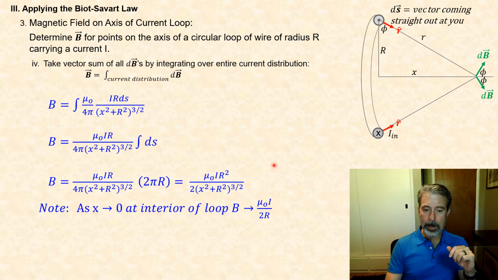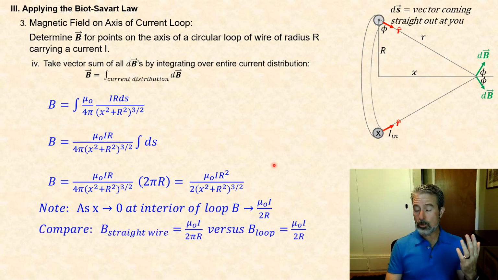Let's compare that to the magnitude of the magnetic field for the straight wire. You will notice that for the straight wire, the magnetic field at a distance r away was mu naught I over 2 pi r. So do you see the effect?